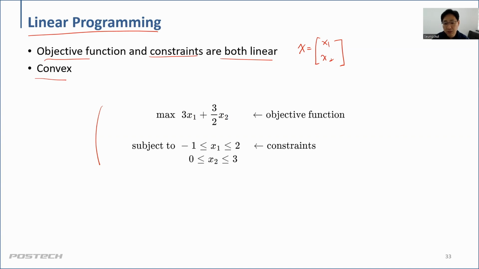Any ideas? x1 and x2 are the decision variables and can have any values within the feasible region, and with those values I want to find x1 and x2 that maximize the objective function.